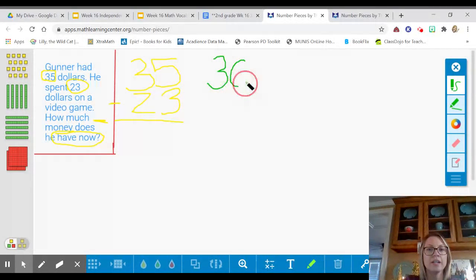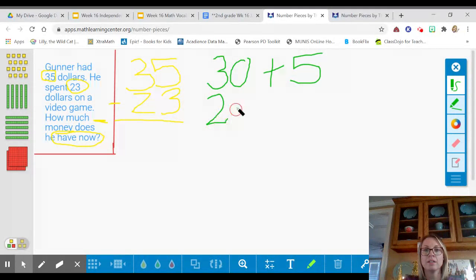So I'm going to do 30 plus the value of 5 ones, which is 5. Now I'm going to look at 23. The value of 2 tens is 20 plus the value of 3 ones is 3. So I've got my numbers in expanded form.